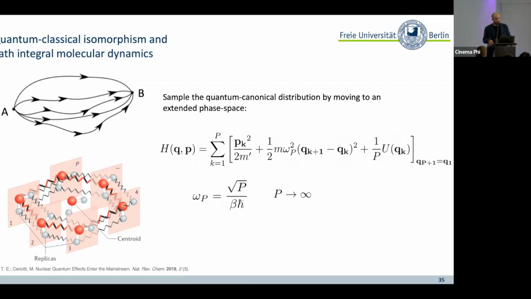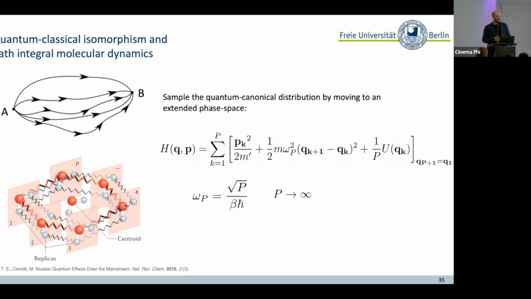The point is that if we discretize the Hamiltonian associated to this quantum picture, we obtain something that is exactly the same as a classical Hamiltonian of your system, but instead of just one copy of your system, you have P different replicas of the same system, and all are connected to the next one by a spring potential, so by a harmonic potential. This is the so-called ring polymer.